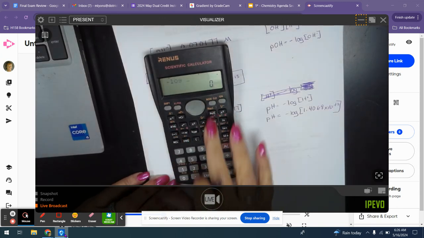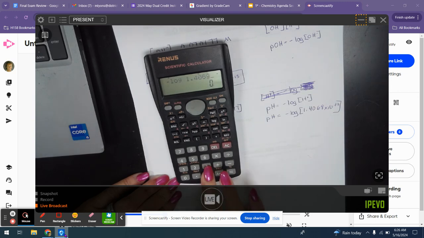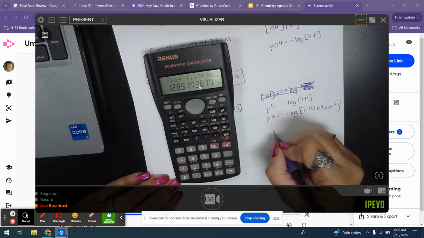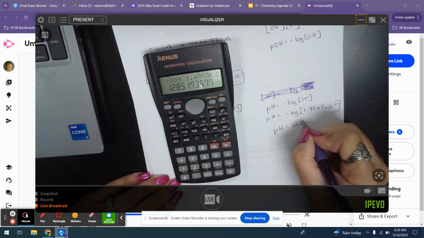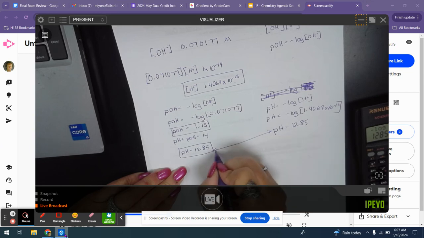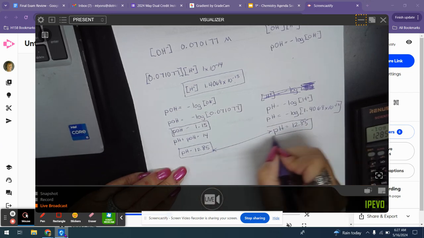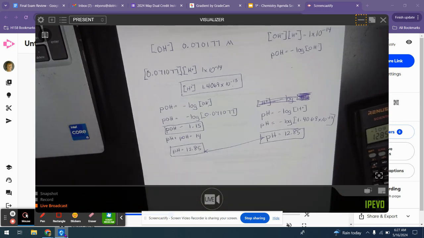Negative log 1.4069 times 10 to the negative 13th, and I get pH is 12.85. Check it out. Two ways to verify what pH is. And you could do any combination of those equations.